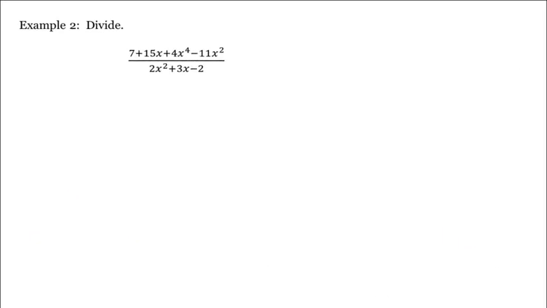Let's divide. Well, the first thing to notice here is that our dividend is not written in standard form. Standard form would be 4x to the 4th minus 11x squared plus 15x plus 7.